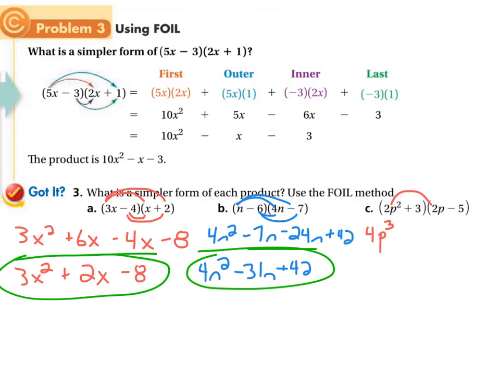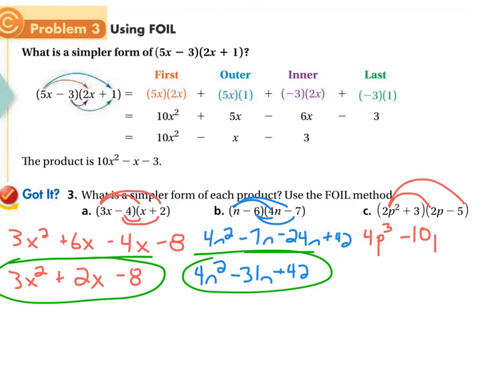Outer, we've got 2p squared times negative 5, which is negative 10, and p squared. There's no p in the second term right here, so you don't get an extra p, it stays as p squared.